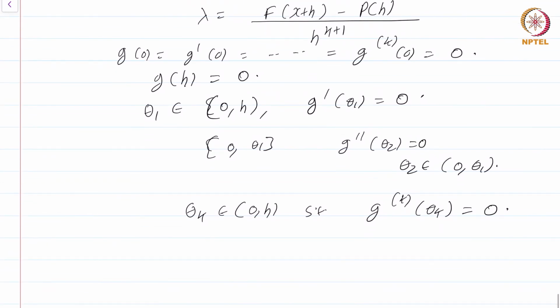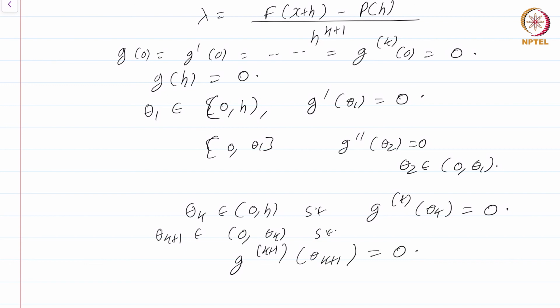But we are now assuming that the function f is k plus 1 times differentiable. So we can apply Rolle's theorem once more to get a point theta k plus 1 in 0 theta k, such that g of k plus 1 at theta k plus 1 is 0.